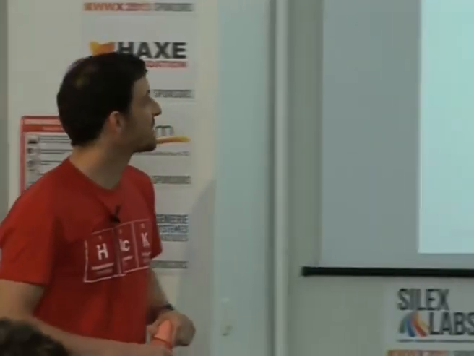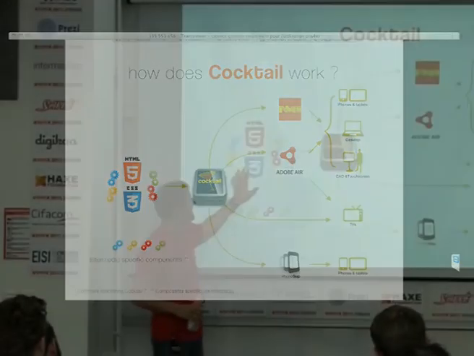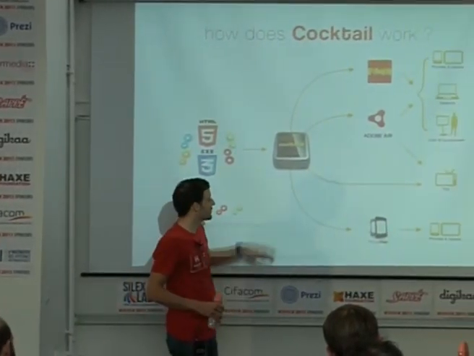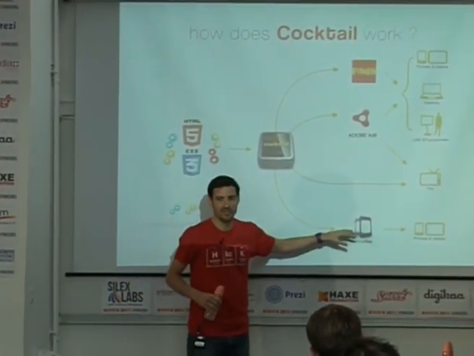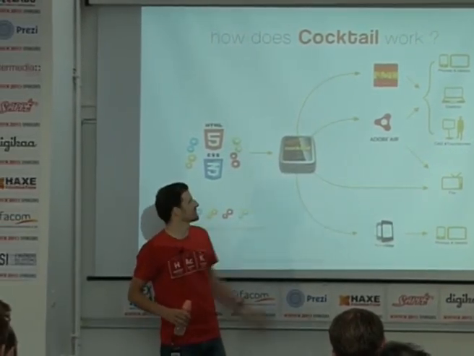Okay, next. So this is a bit of a commercial design. Basically, you take HTML and CSS as input. The little wheels are Haxe JavaScript, and it's processed by Cocktail. As you might imagine, for PhoneGap there's a bit of a quirk. In fact, Cocktail is not used there, but as I told you, it's for the commercial part when you're selling to customers.